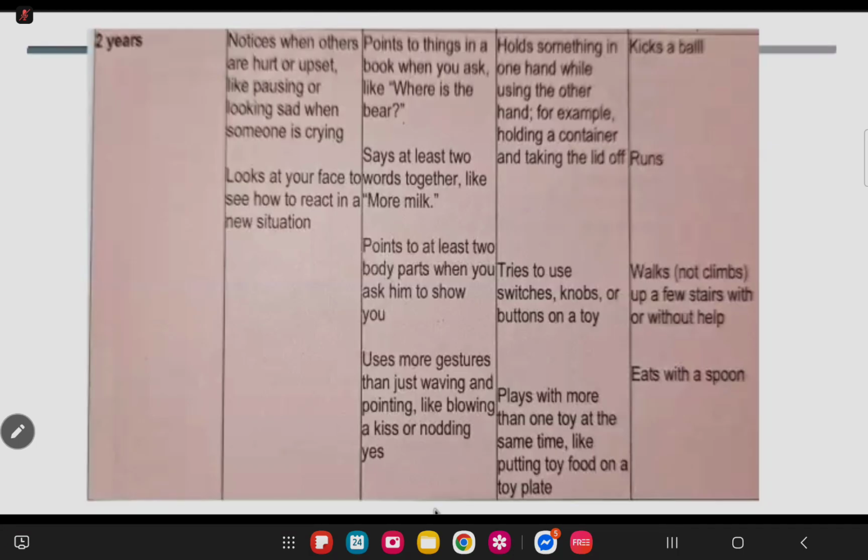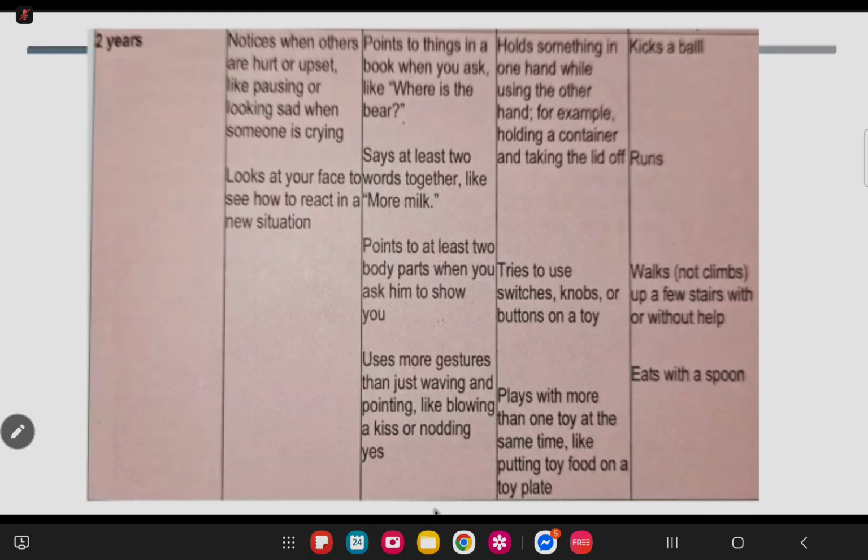So at 2 years old, your patients can already point to things. For example, you ask, oh, where's the bear? They point to it. Or if they want something, they can ask for it. Okay, at 2 years old, more milk, or I'm done, or more food, like that.